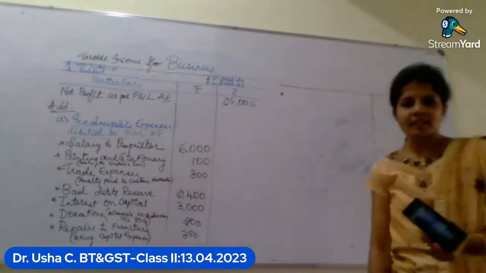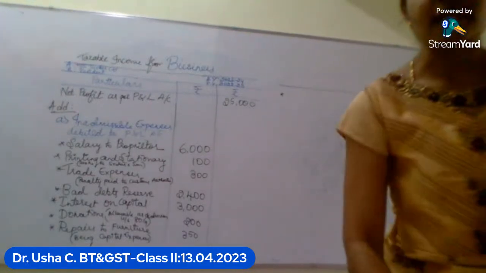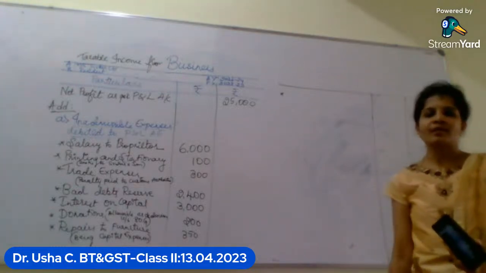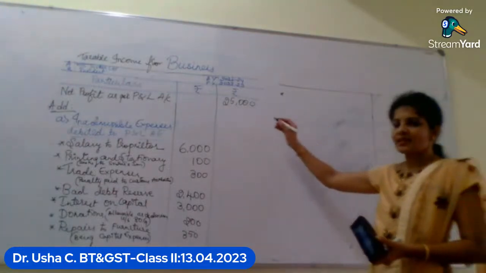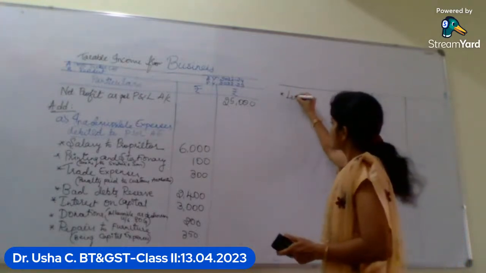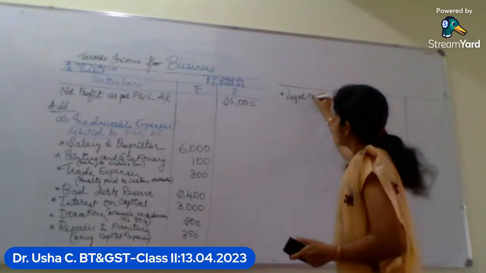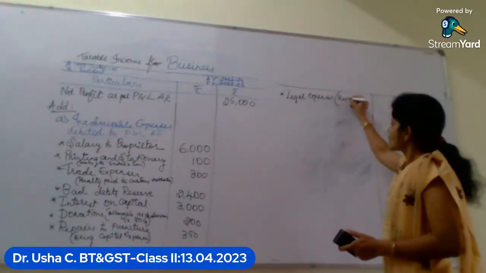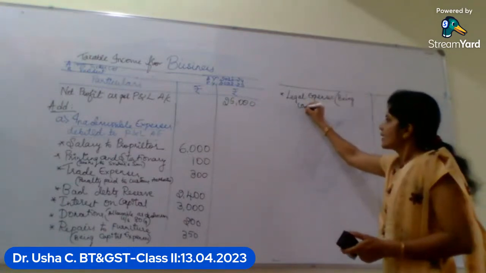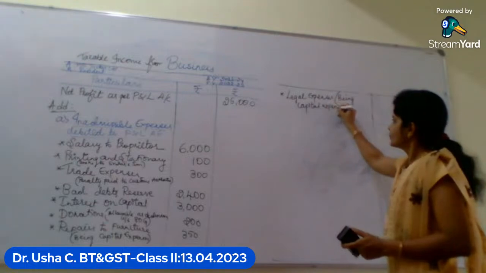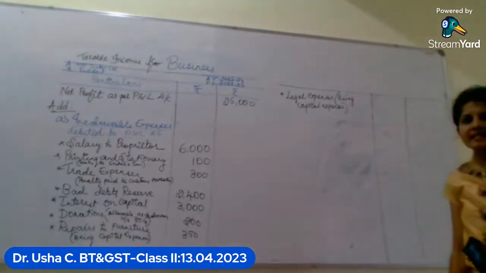Next amount is legal expenses. The legal expenses are incurred for purchase of land. So the entire amount of legal expenses, being capital expenditure, is disallowed.